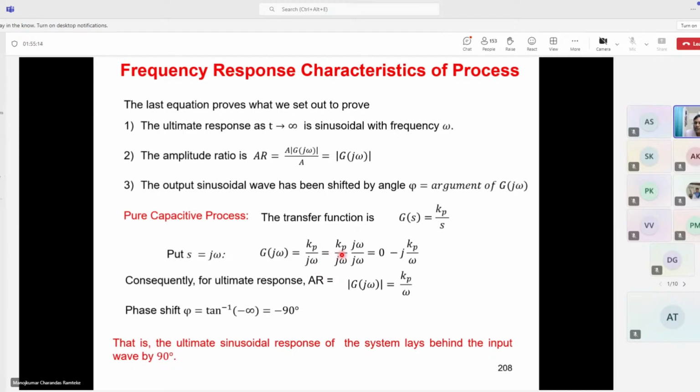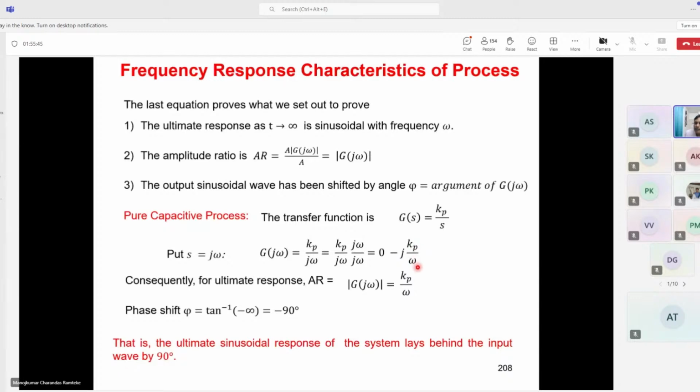Since j is in the denominator, we multiply and divide by j omega. We get Kp j omega divided by minus omega square. The omega cancels with the omega in the denominator, so we get minus j Kp divided by omega. So this has a real part of 0 and the imaginary part is minus Kp by omega.